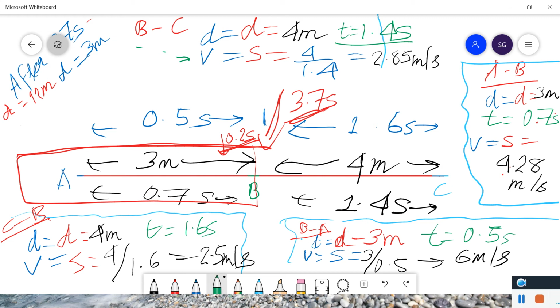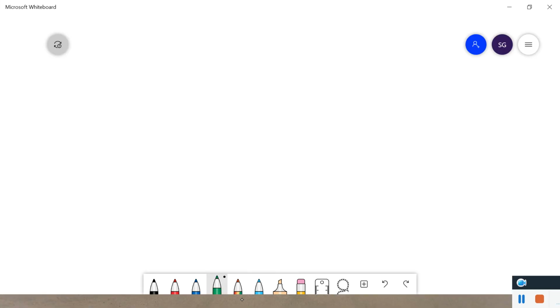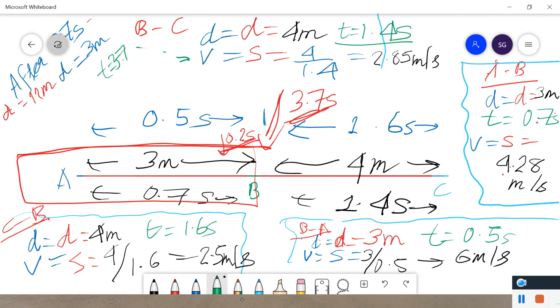We have the time 3.7, sorry. Oh yeah, what to do now? Just speed will be 11 upon 3.7 and velocity would be 3 upon 3.7.